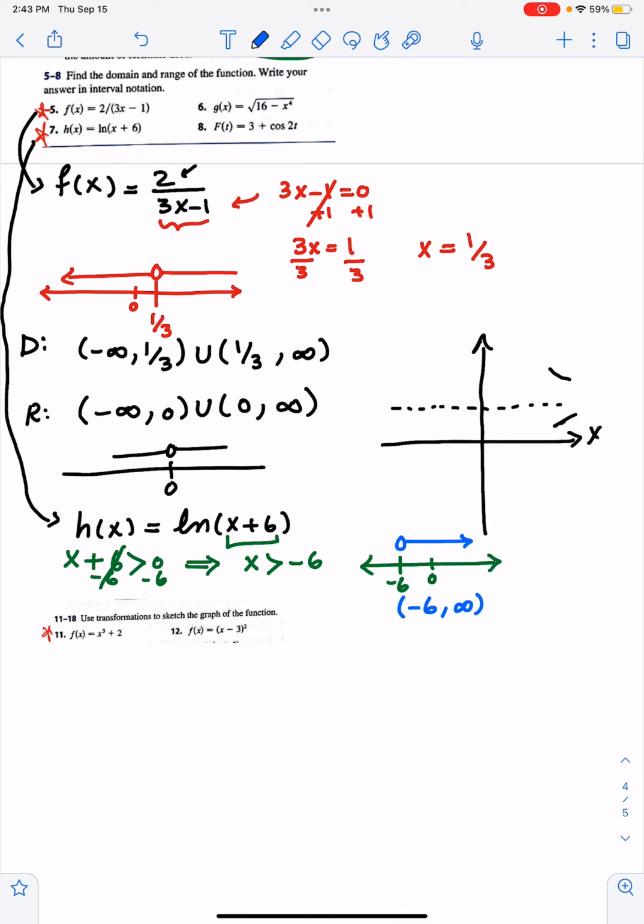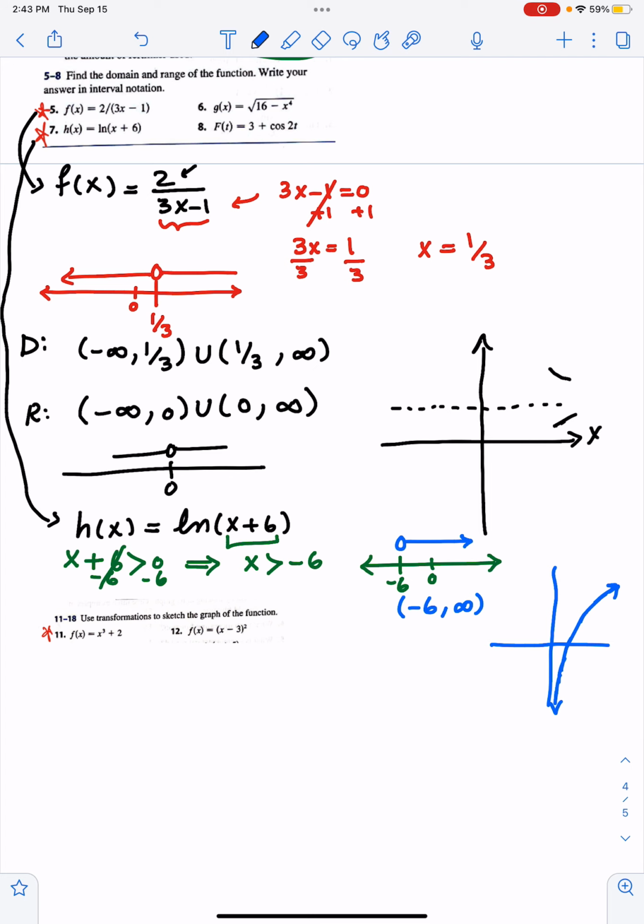This is an ln function if you think about it. I want you to be familiar with the rough graph of basic functions like ln or log. In this case, your function is starting from negative 6.